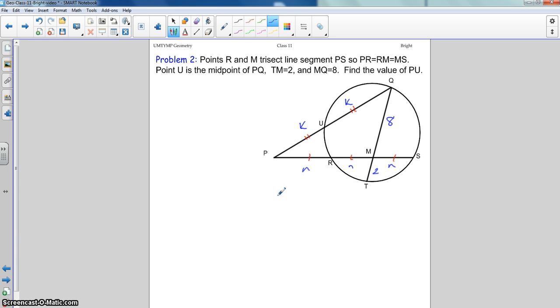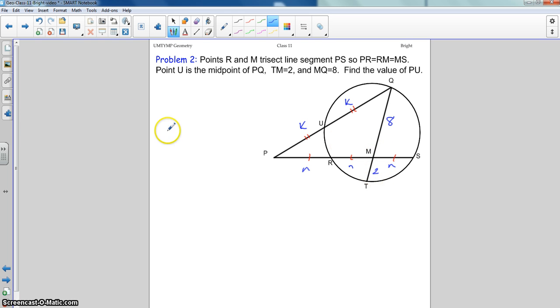Okay, so now let's try to use the power of a point theorem. Specifically, I'm going to start with the numbers that I have, which are 8 and 2. What could I use the power of a point theorem with these two numbers? Well, this is a point that meets inside the circle.